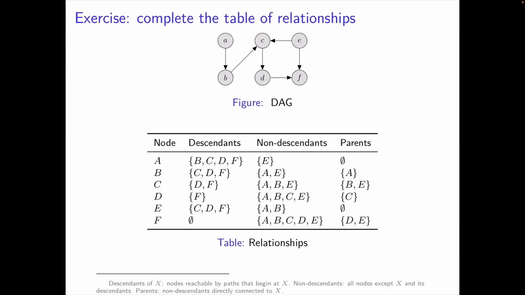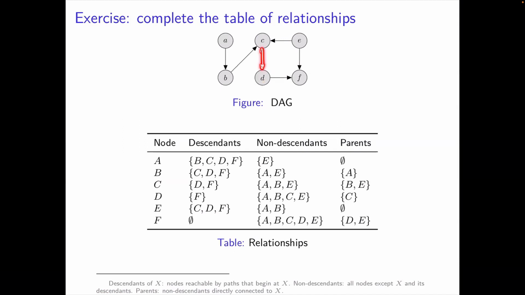There we go. So let's pick one of them, an interesting one. Let's see. D looks interesting. So D, the descendants are only F, which is the only thing I can reach from D. The non-descendants are therefore the complement, everything else.